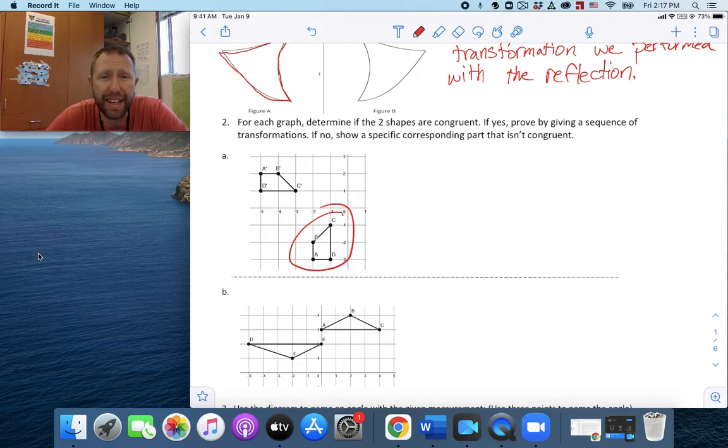I'm going to see, can I get that performing rigid transformations onto quadrilateral A prime, B prime, C prime, D prime. So looks like I can, and you guys know the iPad doesn't do real well with this, but I'm going to do my best.